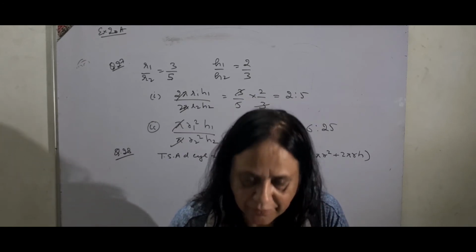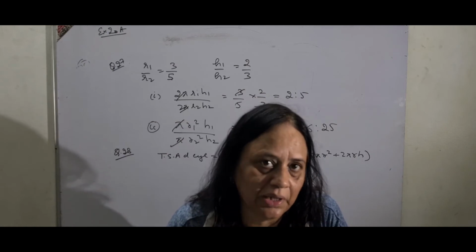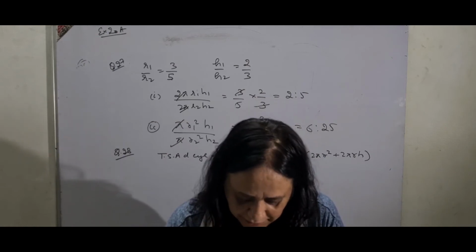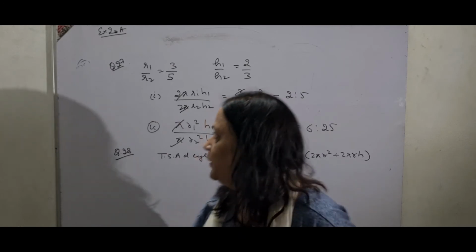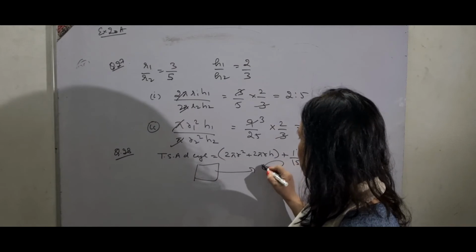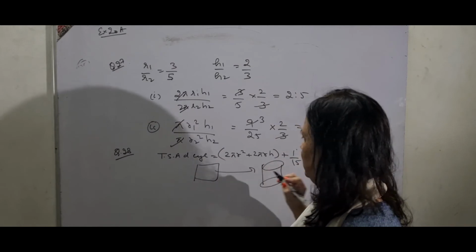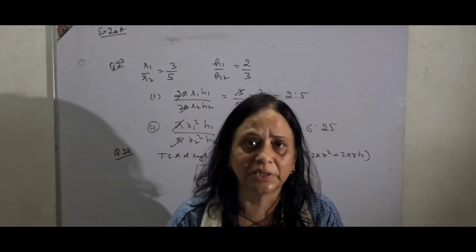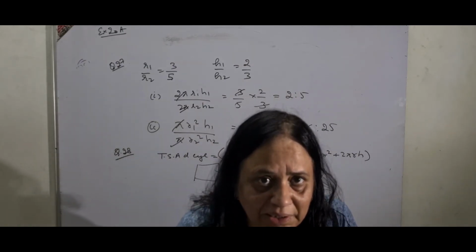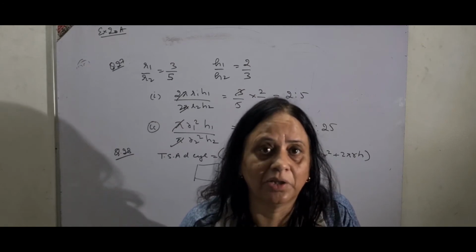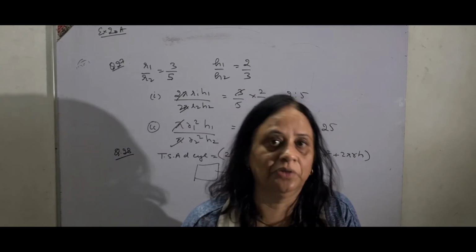You have to take 1 by 15 also in accordance with the language, and because it is a closed cylindrical tank of iron sheet, when the iron sheet changes to a closed cylindrical tank, that means the total surface area of the cylinder, which is 2 pi r square plus 2 pi r h. Also consider that 1 by 15 of the sheet is being used for folding and stitching. That also you have to consider, then only you will get your answer.